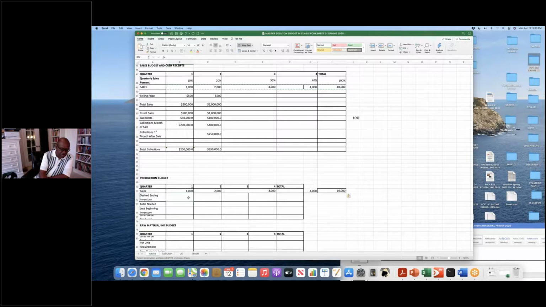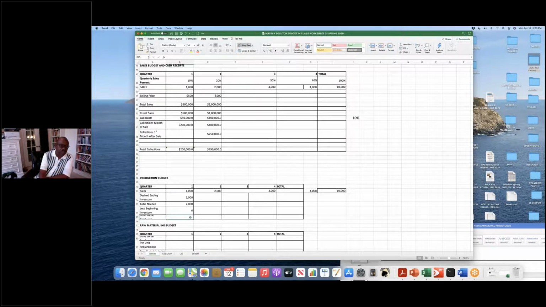We've got 1,000 in here. You don't have any beginning inventory, so this is 0. So the units to be produced is going to be 2,000.